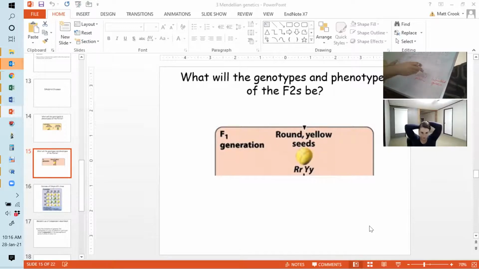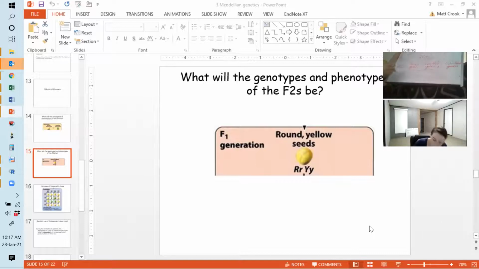Again, these ones are new combinations that you do not see in the parents. That's actually one of the interesting things about dihybrid cross. In the monohybrid cross, you only see whatever phenotypes you see in the parents. Dihybrid cross, you'll now see two combinations which are not present in the parents.